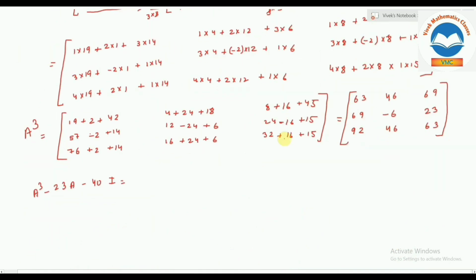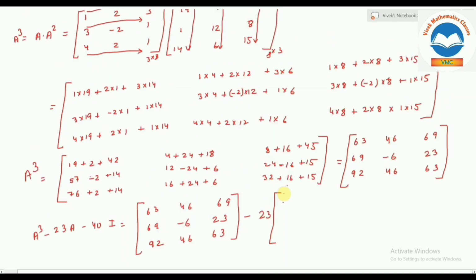So I will write here A cube. So what is our A cube? A cube we have got here 63, 46, 69, again 69, minus 6, 23, and next 92, 46 and 63. This we got, A cube minus 23 into A. What was the A?